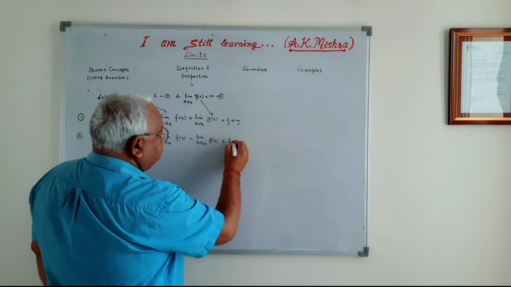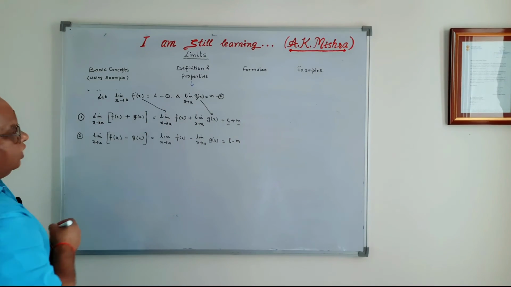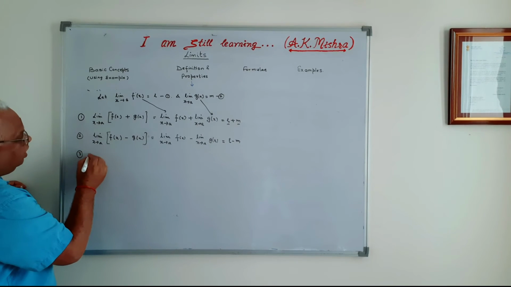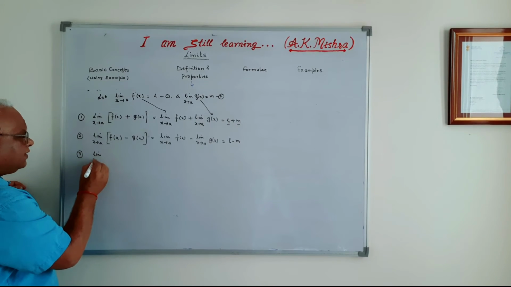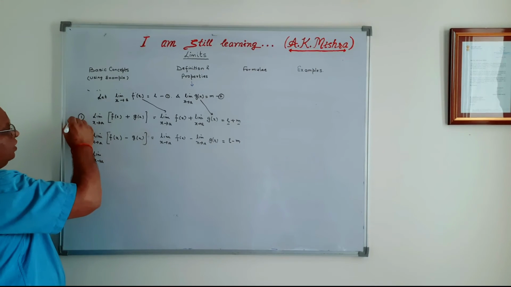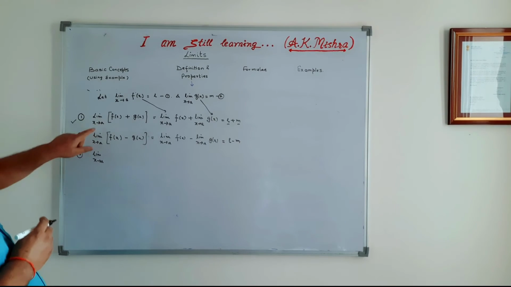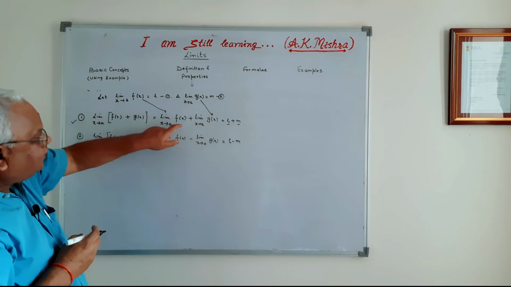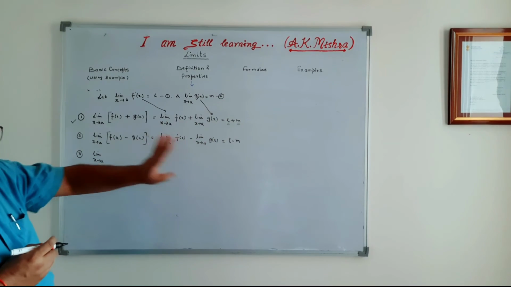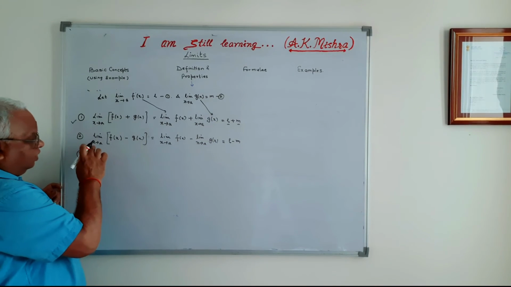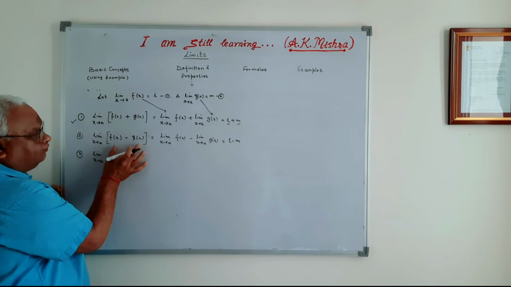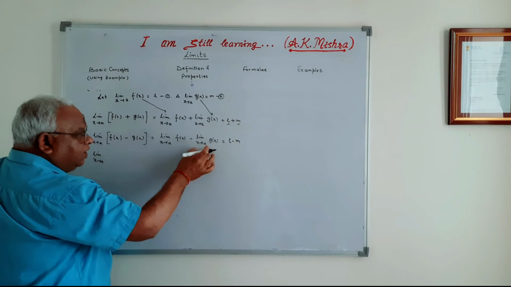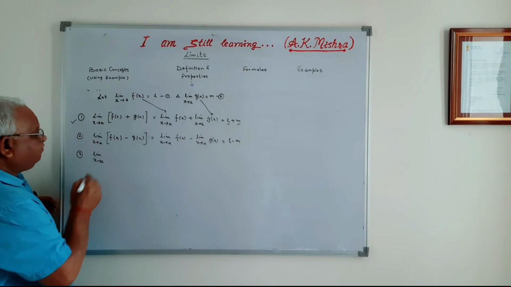So according to the values which are defined, your answer will be this. What I'm trying to explain to you is that if you are taking the limit of a sum, it is the same as the sum of the limits separately defined. The limit of a difference of functions is the same as the difference of limits taken separately, right?